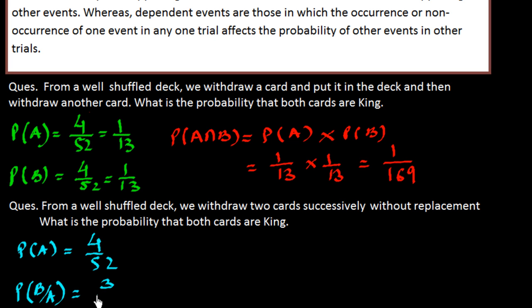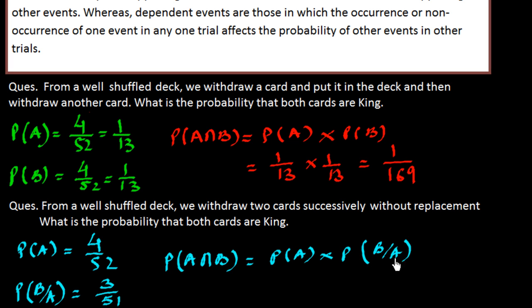is 3 over 51. Now we have to find the probability of A intersection B, which is probability of A into probability of B over A. So finally we get probability of A is 4 over 52, it is 3 over 51.